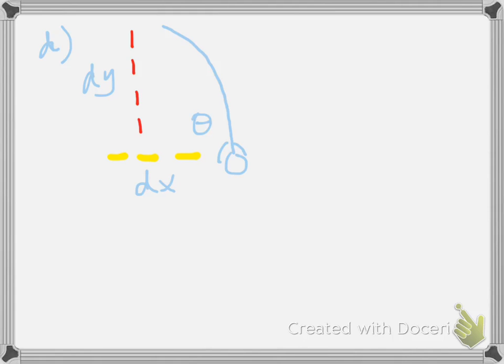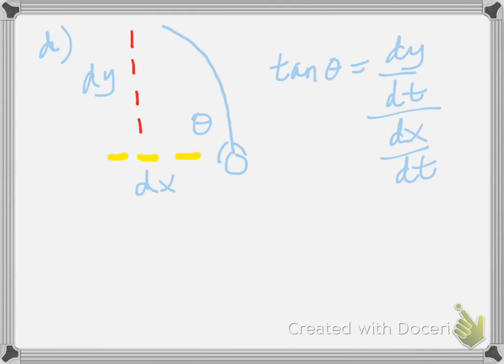You learned in class that in order to find this theta, you have tangent of theta is equal to dy dt over dx dt. So if you plug that into your calculator, you can find the theta.